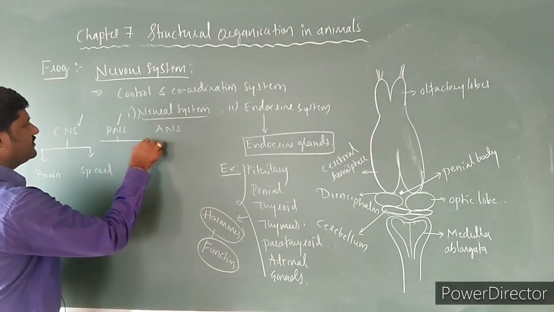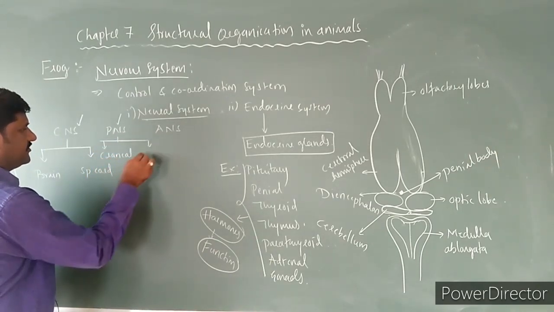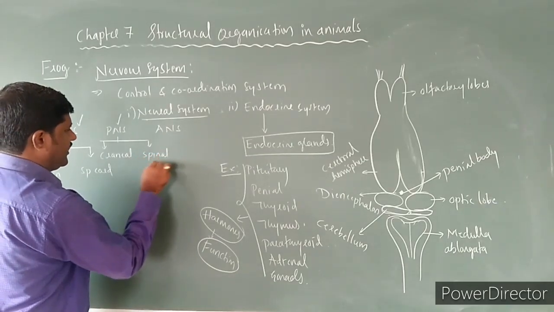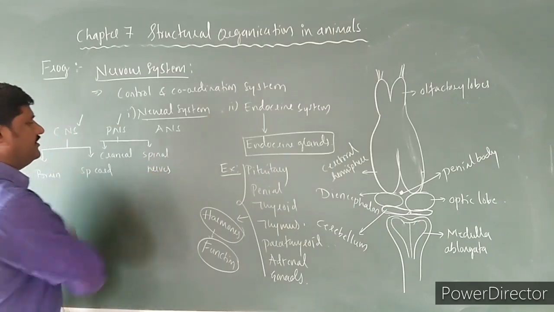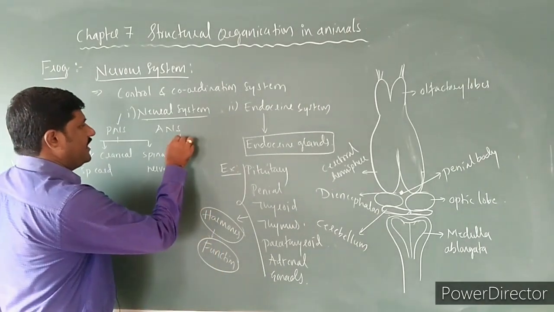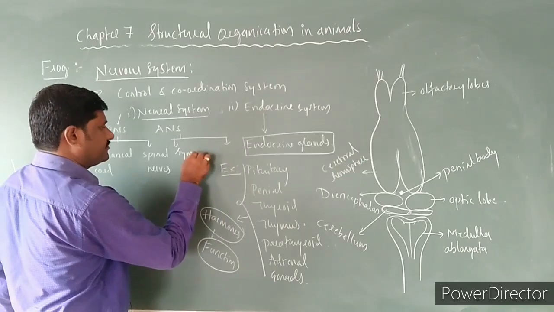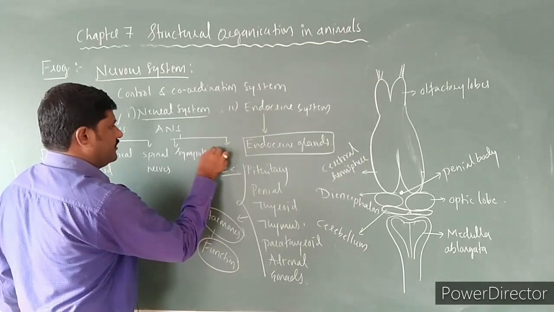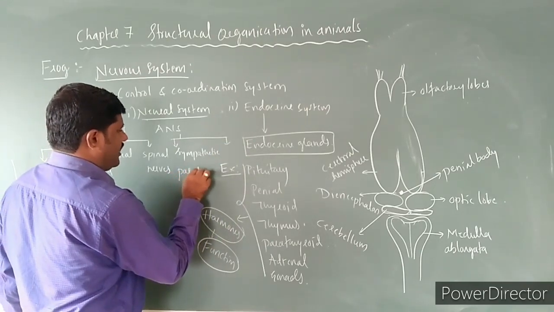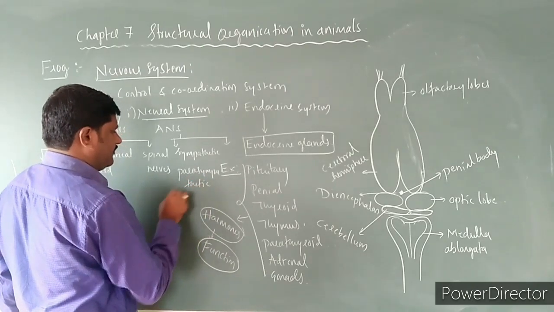And PNS mainly consists of cranial nerves as well as spinal nerves. ANS mainly consists of the sympathetic nervous system and parasympathetic nervous system.